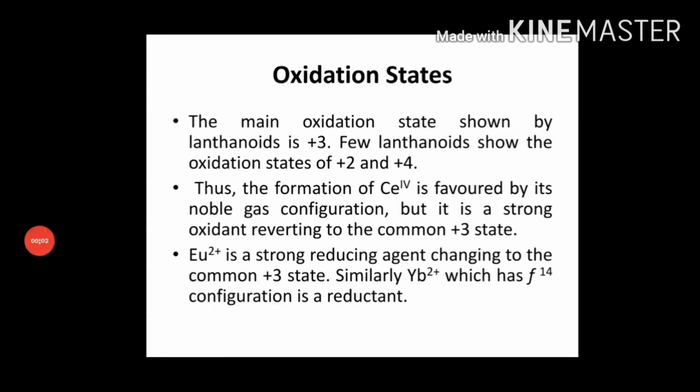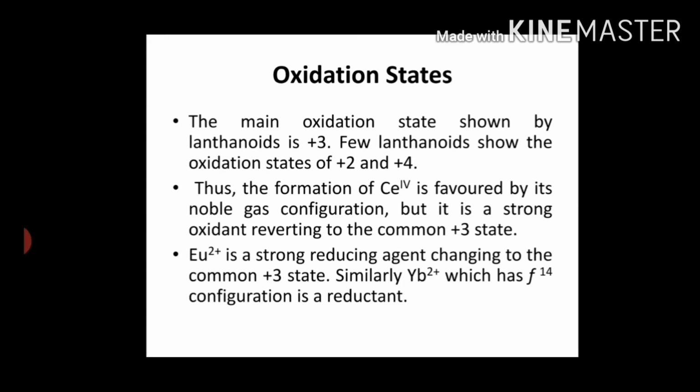The main oxidation state shown by lanthanoids is +3. Few lanthanoids show the oxidation states of +2 and +4, yet they have the tendency to attain the oxidation state of +3 because the +3 oxidation state is the most stable state for all lanthanoids.